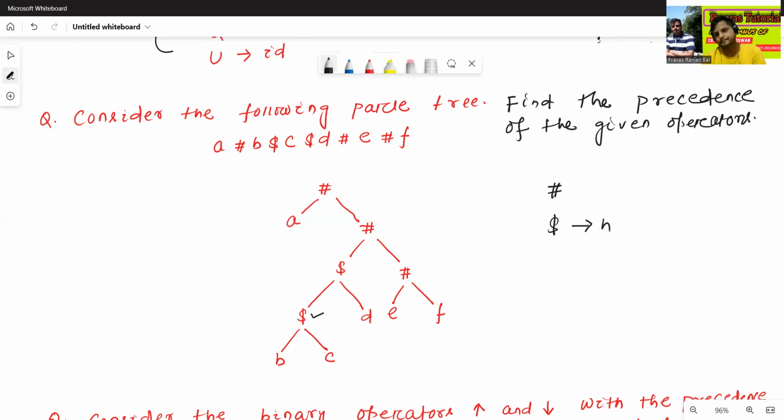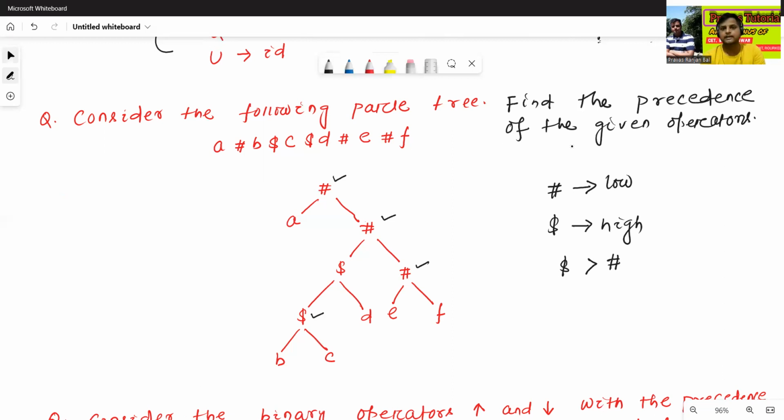Hash is evaluated at the top level, so its precedence is low. That means dollar precedence is high as compared to the hash operator.